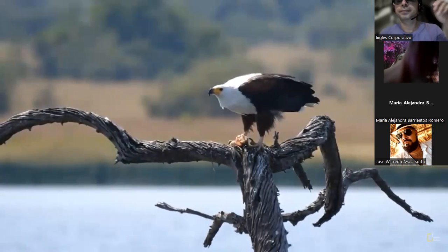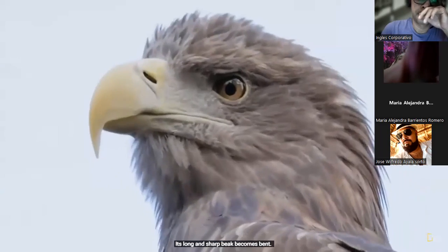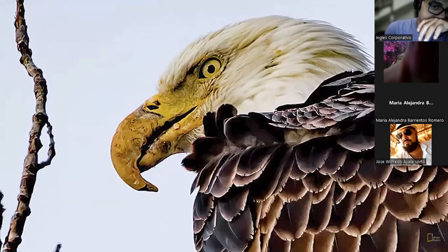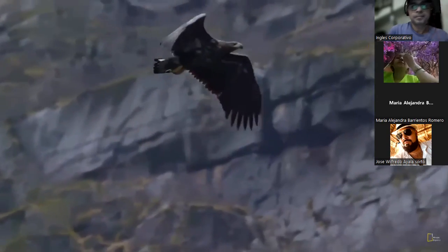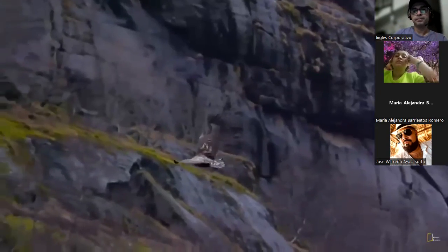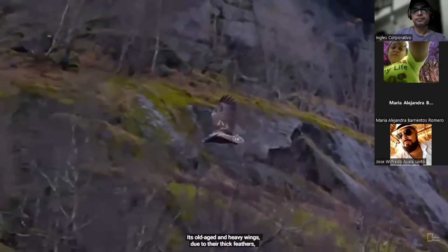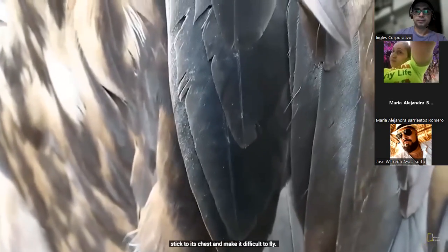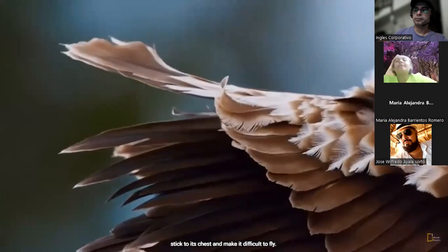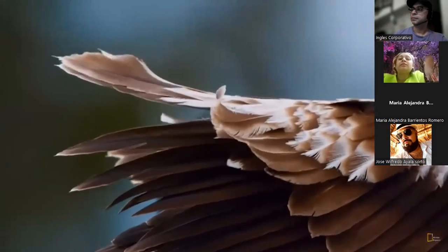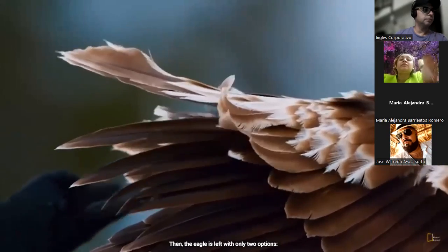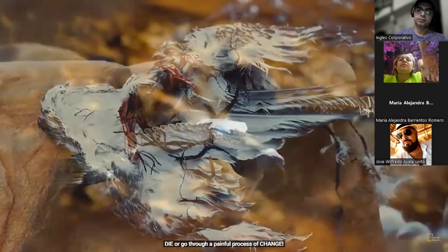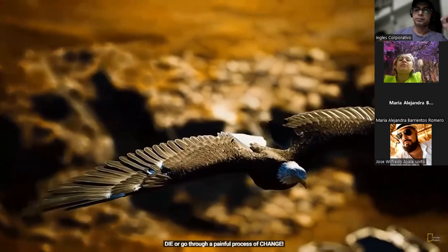Its long, sharp beak begins to bend. Its old, aged, and heavy wings, due to their thick feathers, stick to their chest and make it difficult to fly. Then the eagle is left with only two options: die or go through the painful process of change.